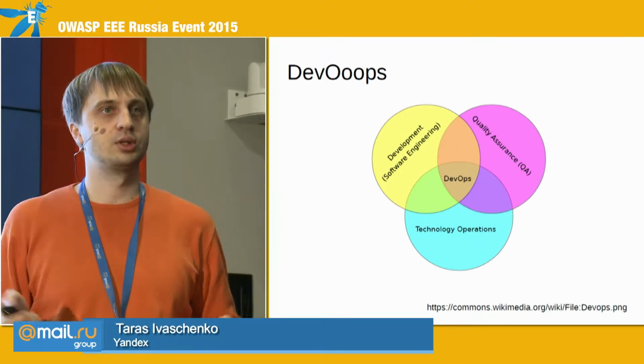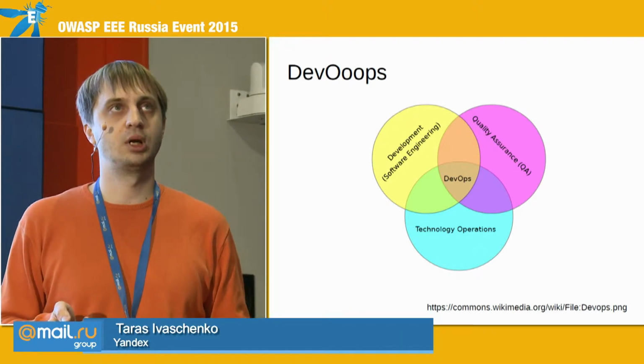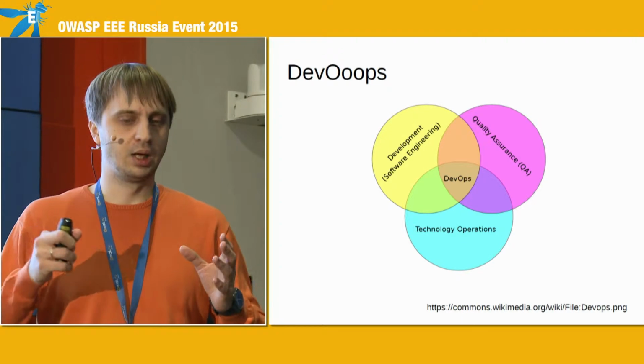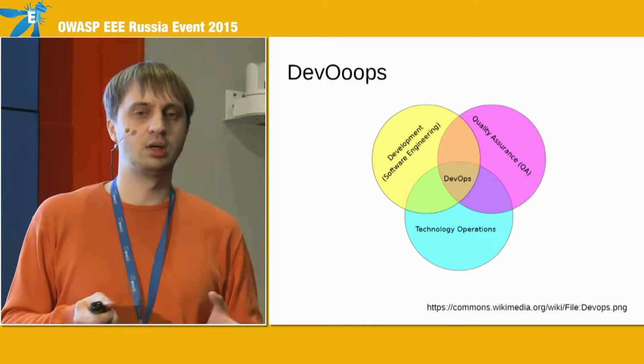For example, they have things like continuous integration and so on. Do you use TeamCity, Jenkins, or something like that? I see one. Okay.